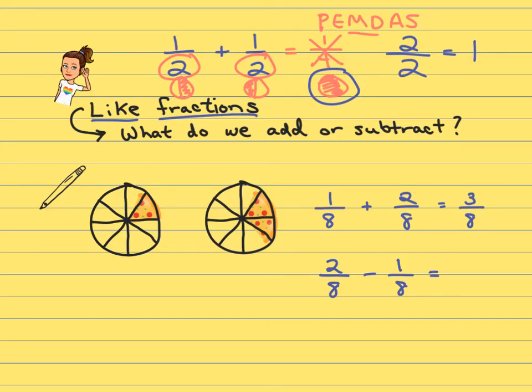Because we have common denominators, we're subtracting just the numerators. 2 take away 1 equals 1 out of the 8 pieces of the whole, and so our answer would be 1/8.